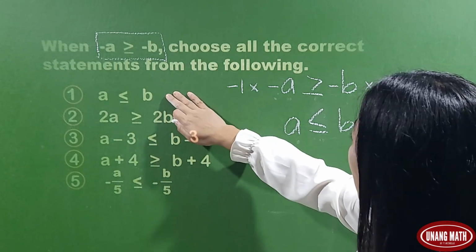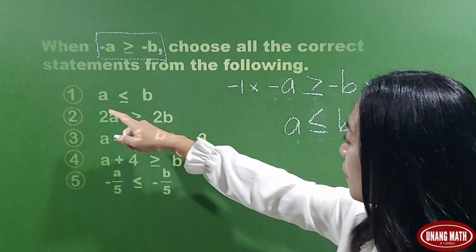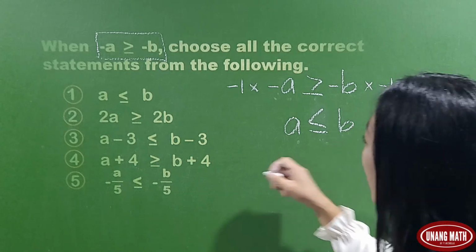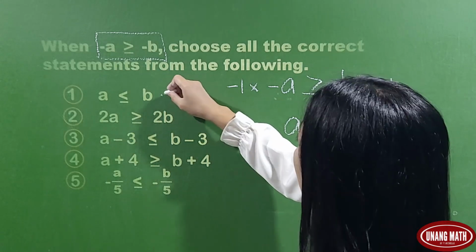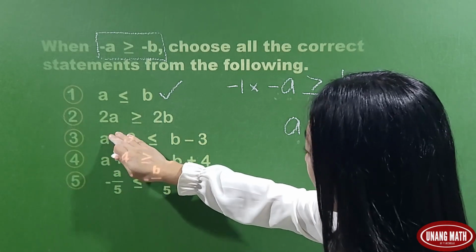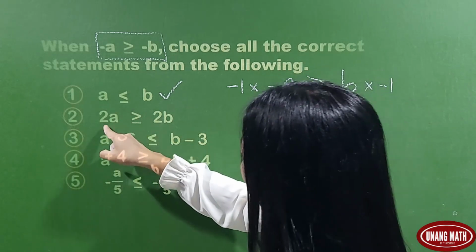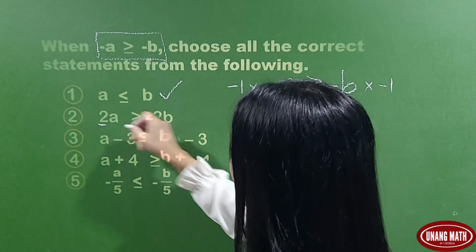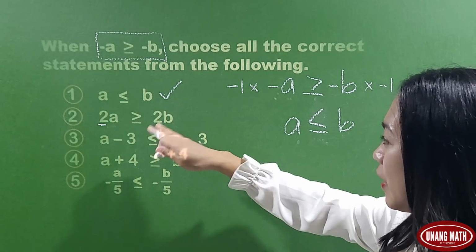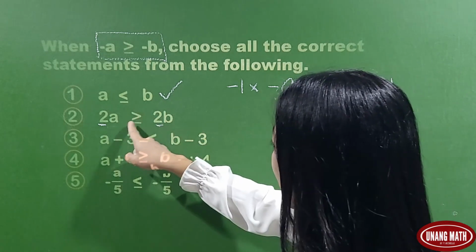Okay, now we have to choose all the correct statements from the following. Number 1 is A is less than or equal to B. So this is just the same as this one. So this is correct. For number 2, 2A is greater than or equal to 2B. We actually multiplied both sides of the inequality by 2. So the symbol is supposed to not change, but this is greater than or equal to.